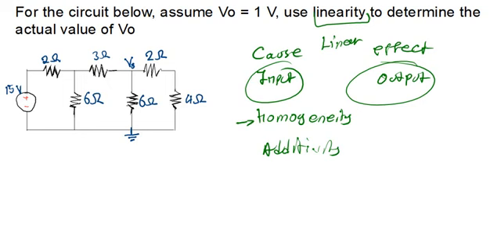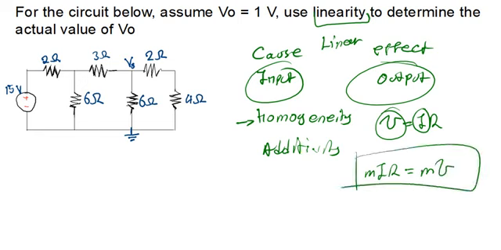If we use Ohm's law, where the voltage is equal to the current multiplied by the resistance, and I multiply the current by a constant m, then I also have to multiply the output voltage by m. So meaning m i r will be equal to m v. That is what homogeneity talks about.